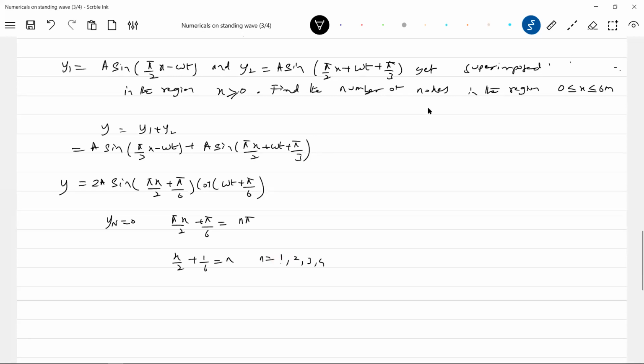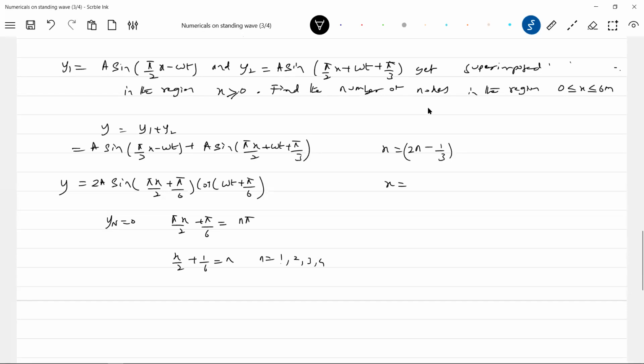Just pure mathematics, nothing to do. So let's get the value of x. X is equal to, it will be 2 if I take common, so (2n minus 1) by 3. Put n equal to 1, 2, 3, you'll get the location of the nodes.